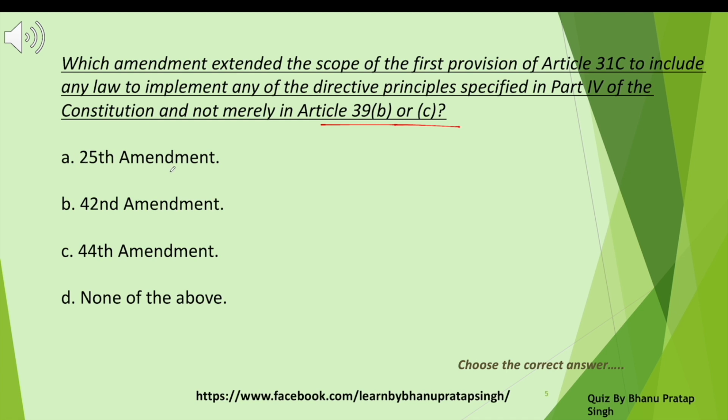Option A 25th Amendment, option B 14th Amendment, option C 44th Amendment, option D none of the above. So think on these answers. It was which amendment? The 42nd Amendment.